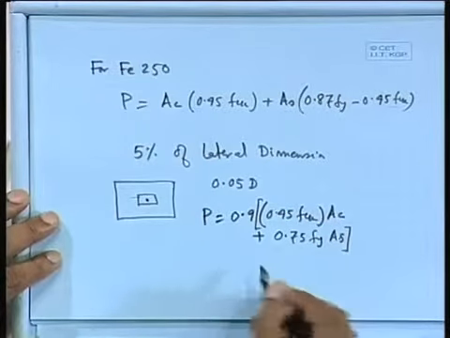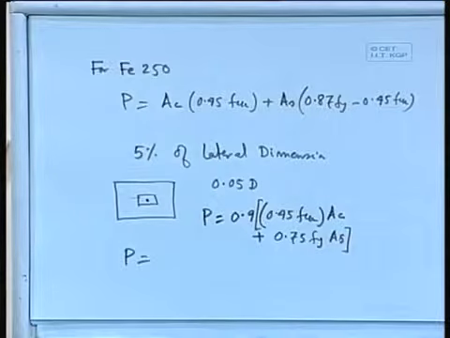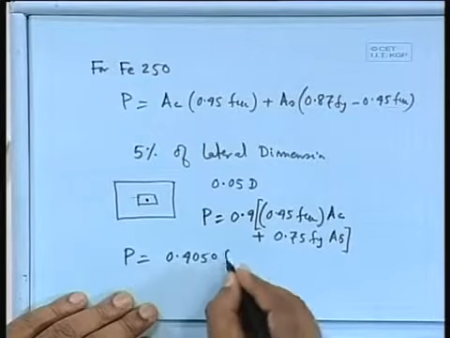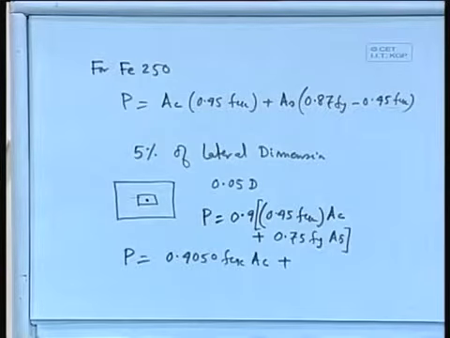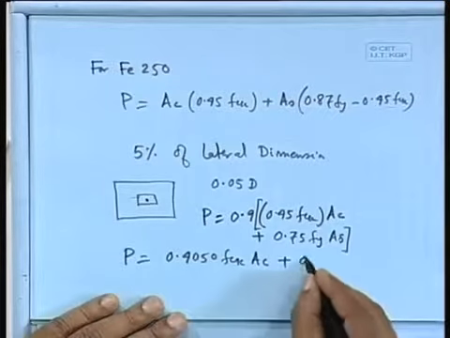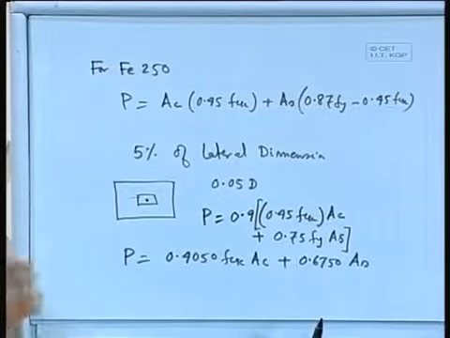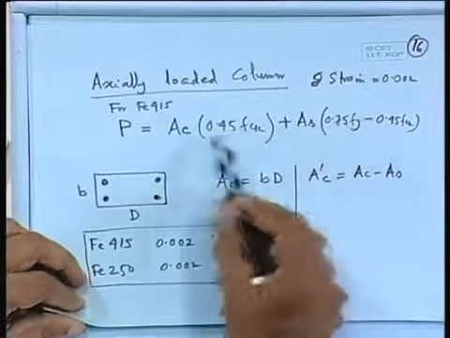Then P will be equal to 0.9 times 0.45, 0.4050 fck times Ac, plus 0.9 times 0.75, 0.6750 As.